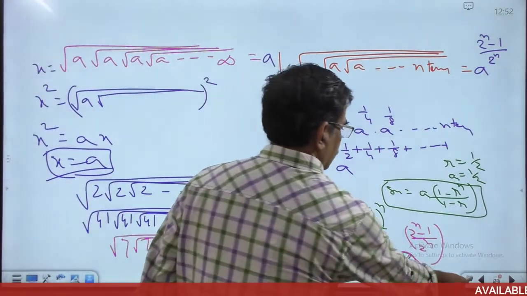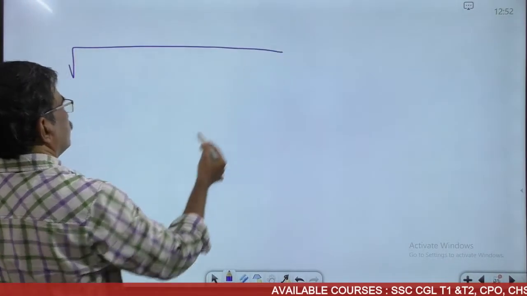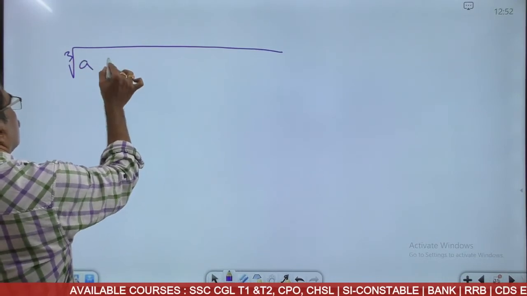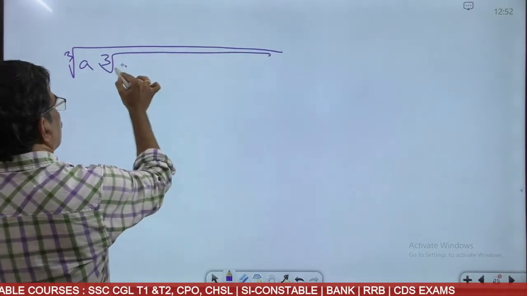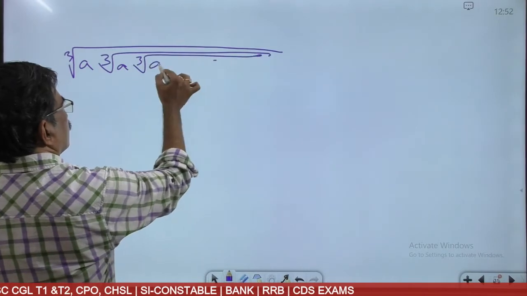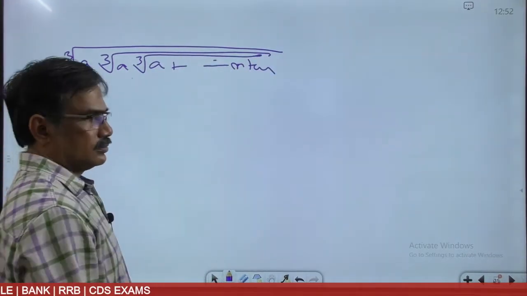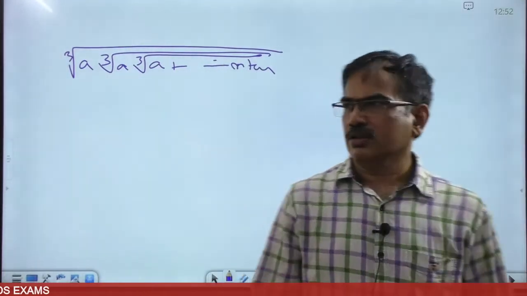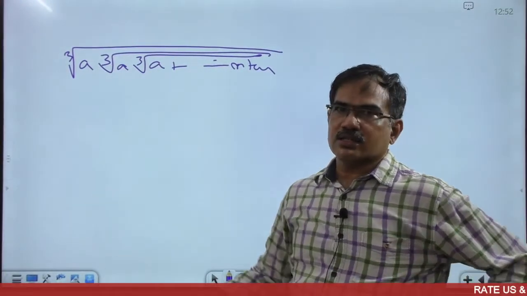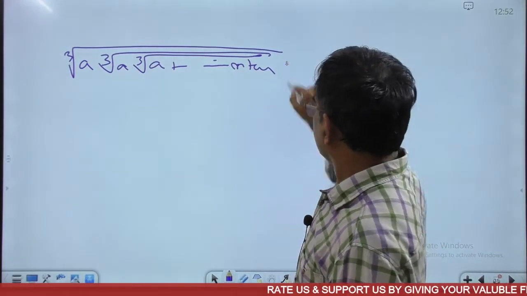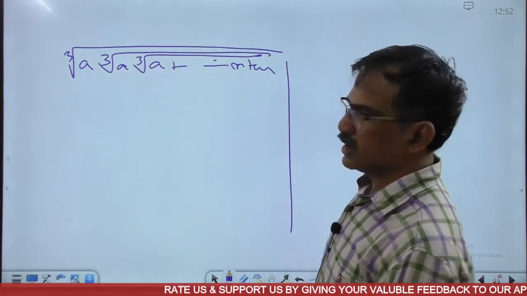For example, if a question is given like this: cube root of a, cube root of a, cube root of a, up to infinity, up to n terms given, what is the answer? If up to infinity is given, you already know, consider this as x, and we can get the answer easily.